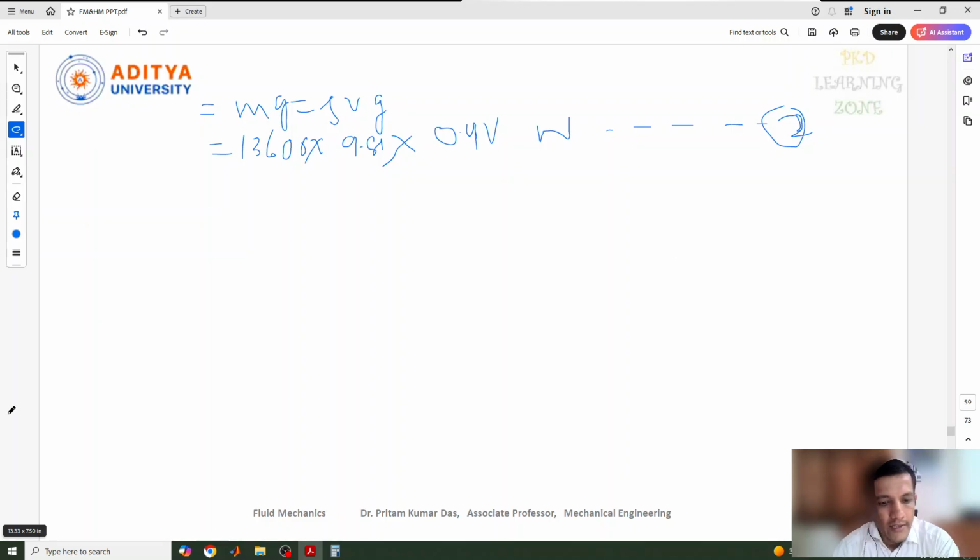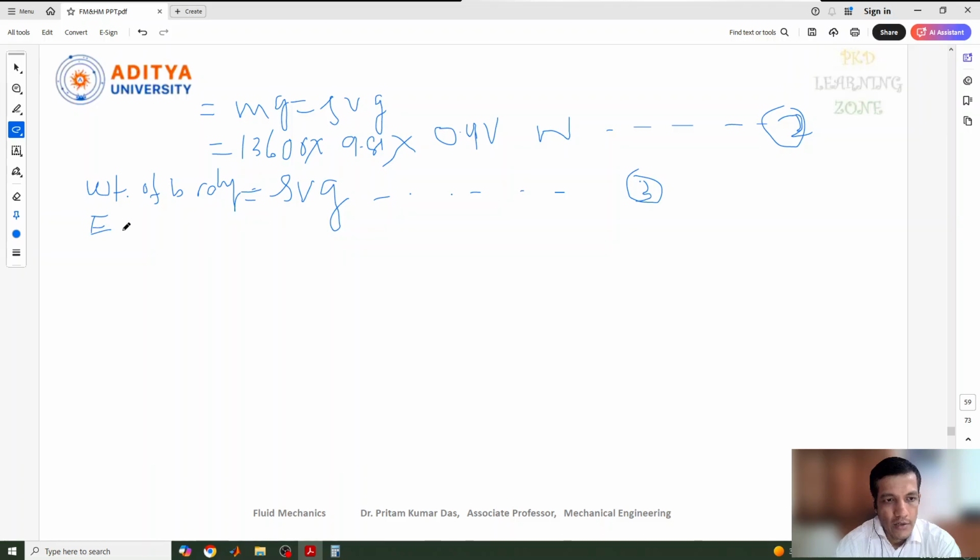Now the weight of the body, simply we can write mg, in the place of mg we can write directly rho V g. Now this one is equation 3. Now compare equations 1, 2, 3 for equilibrium condition.